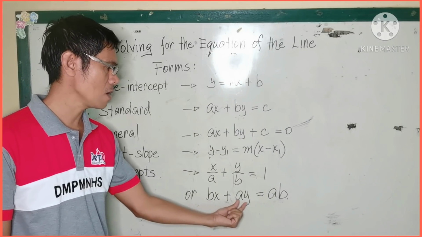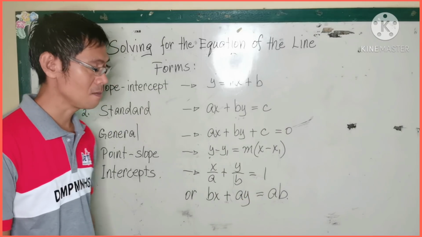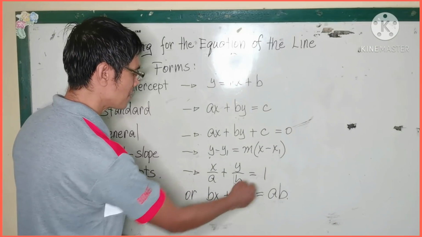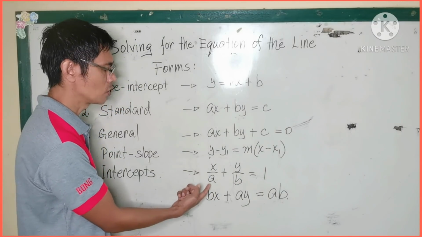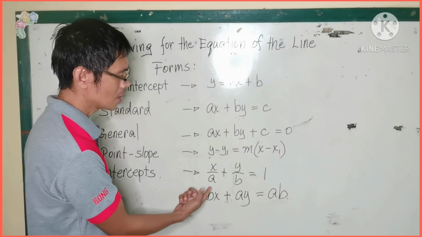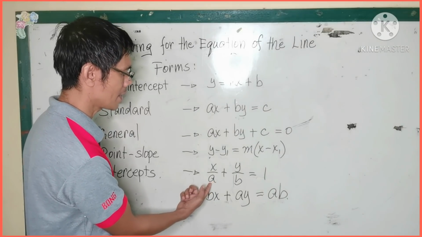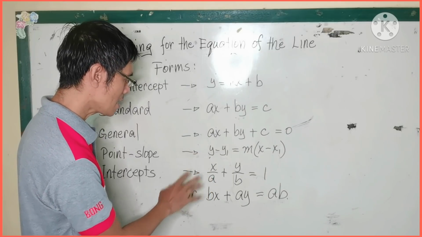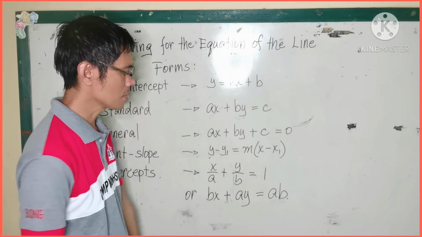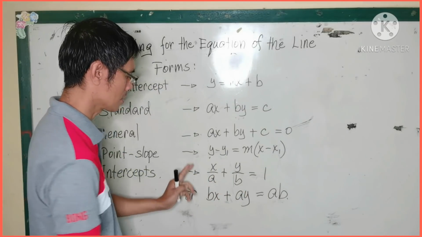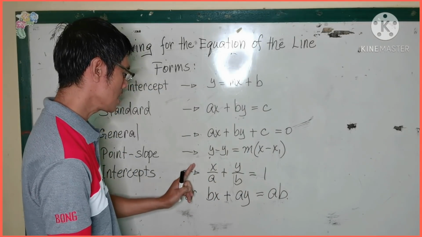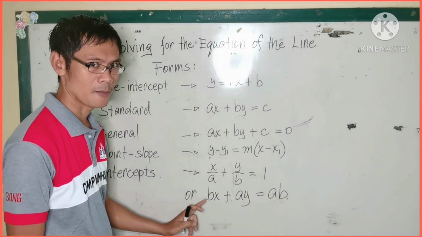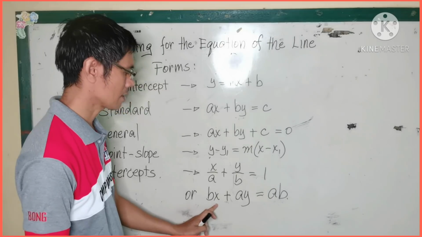How did we obtain bx plus ay equals ab? We simply simplify by multiplying by the LCD, which is the product of a and b. So we multiply ab to all the terms of the equation. ab times x over a, the a cancels, and we get bx.